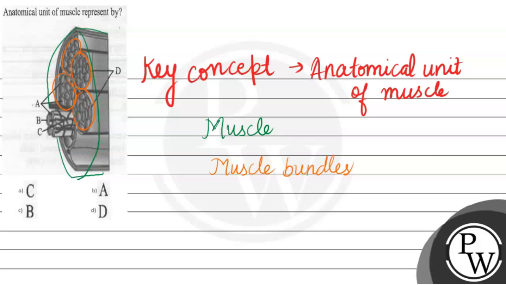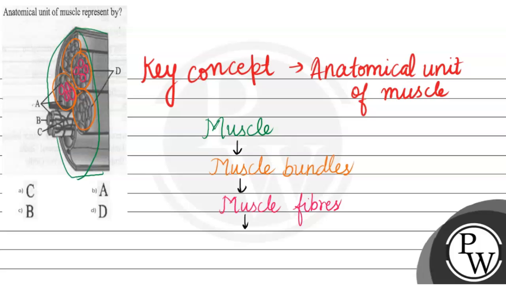और इन muscle bundles के पास में होते हैं muscle fibers. अब आपको इन बंडल के अंदर भी छोटे छोटे सर्कल नजर आ रहे होंगे. These circles are muscle fibers.